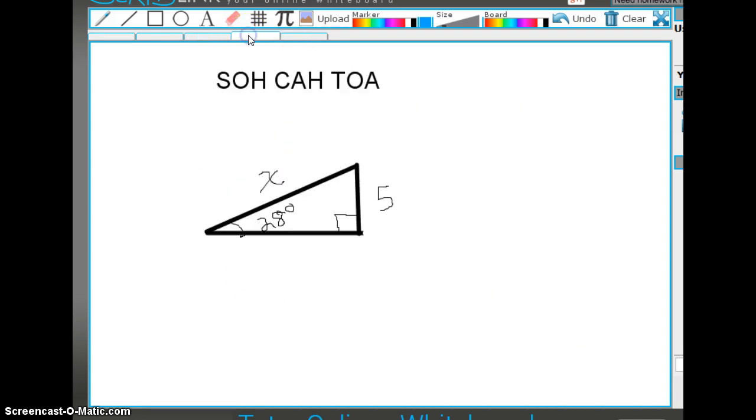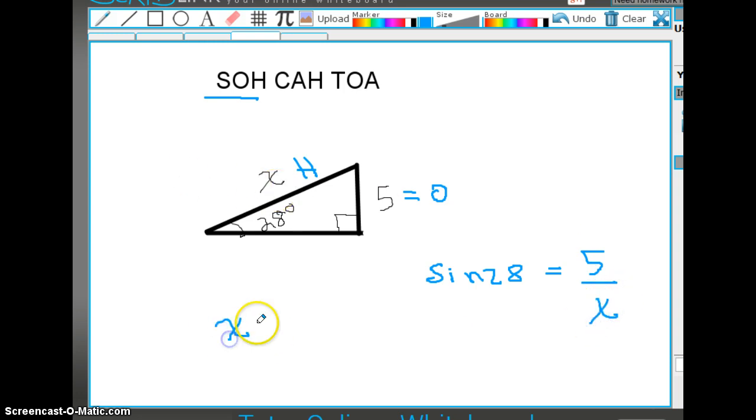One more example. We're going to label these. This time, this is opposite of 28, and this is hypotenuse. Now we have an O and an H. This is the sine one. So the sine of 28 is equal to, you don't put O, you put in the value, which is 5, divided by the hypotenuse, which is x.